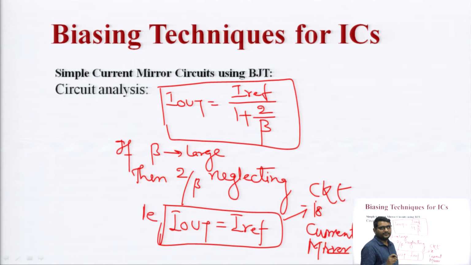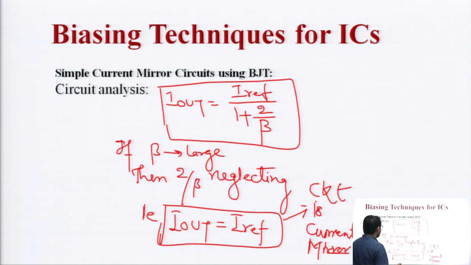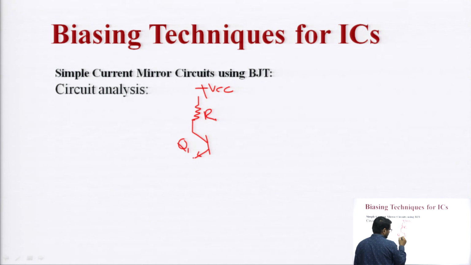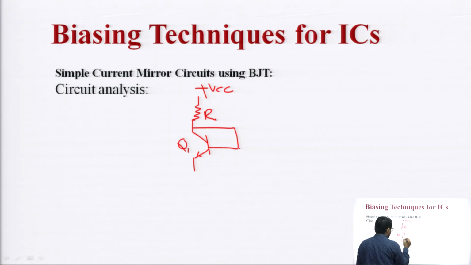And from the circuit we also calculate I reference. How can we calculate I reference? If you see this circuit, this is plus VCC, this is R1, and this is Q1, this will be VB1, and this is the ground.